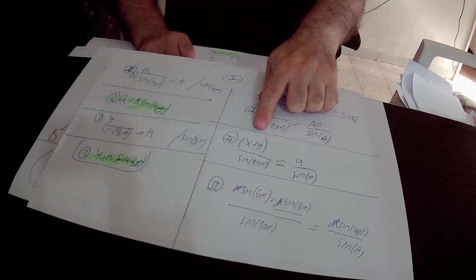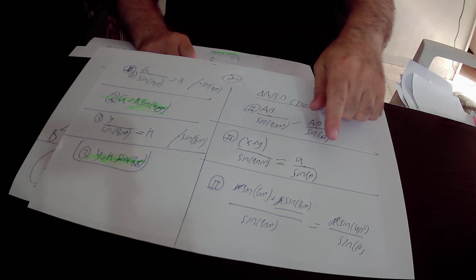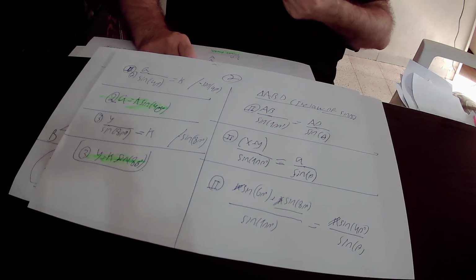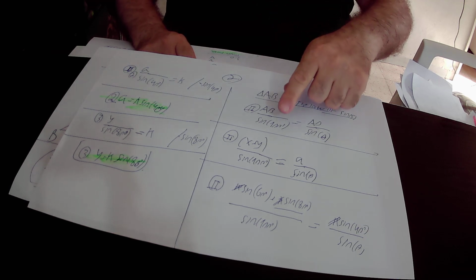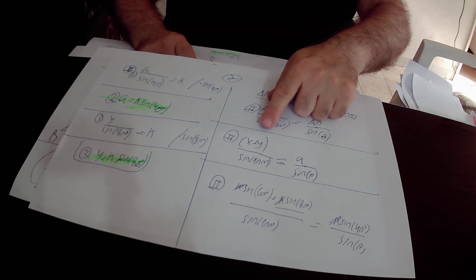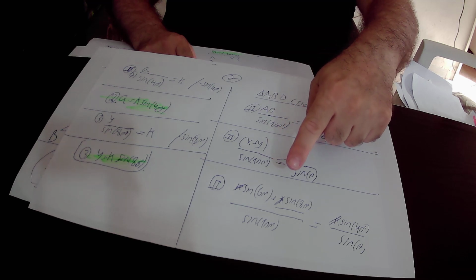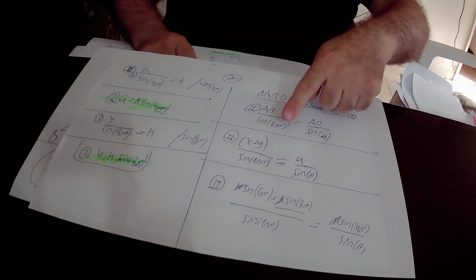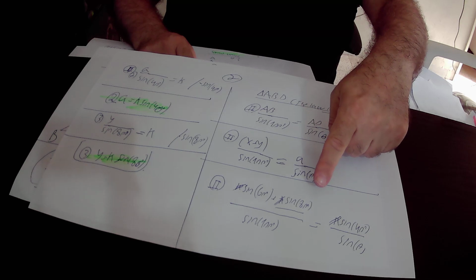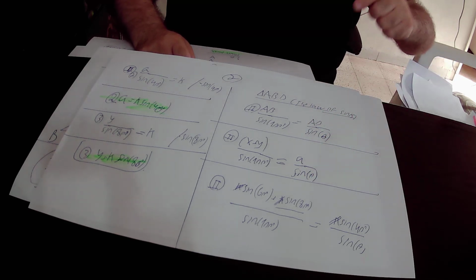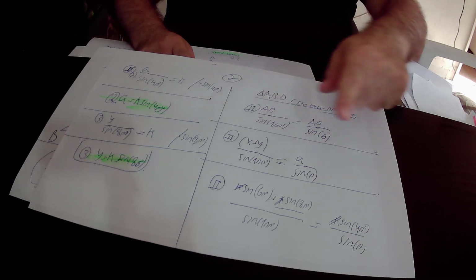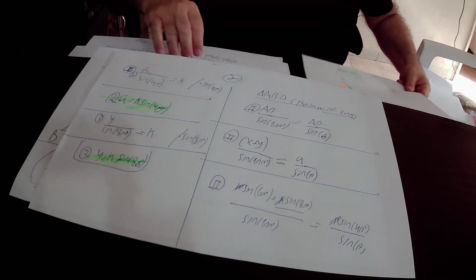Then we substituted x, y, and a by the values that we found previously. Here x is k times sine 60 degrees, y is k times sine 80 degrees, and a is k times sine 40 degrees. We have k on both sides of the equation, so k will get cancelled.